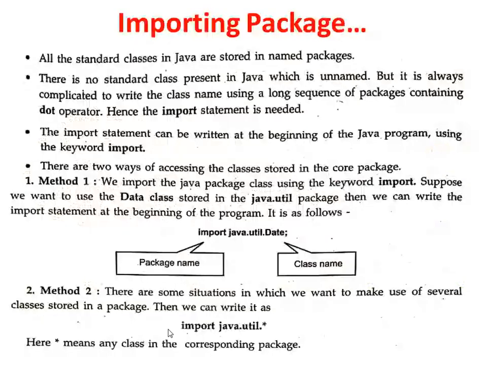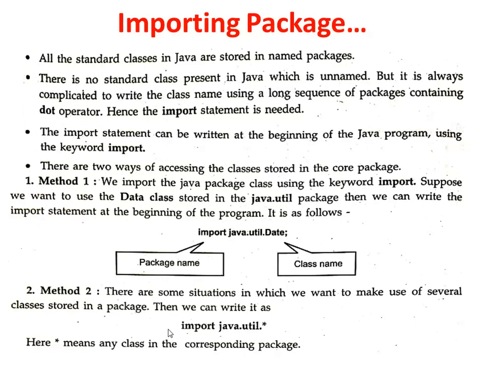Lastly, we'll see how to import a package. For importing a package, we have two ways. Method one, we import the Java package class using the import statement. Suppose we want to use the Date class, stored in the java.util package, then we write the import statement at the beginning of the program as shown in the diagram.